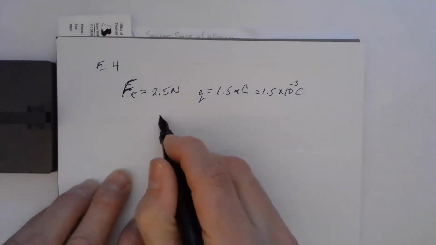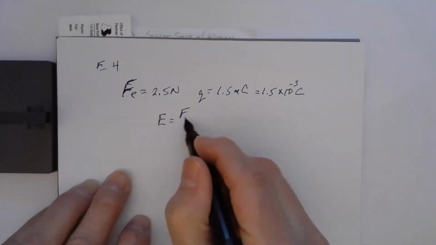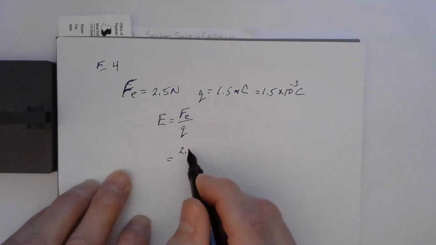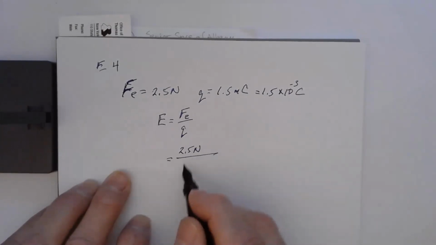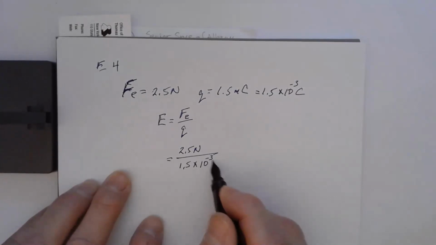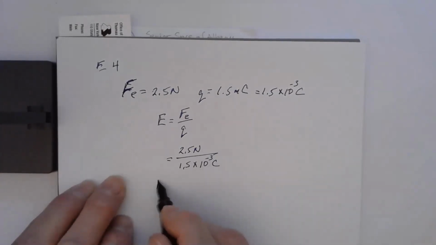So now the formula, E equals Fe over Q. We've got 2.5 newtons divided by 1.5 times 10 to the negative 3 coulombs.